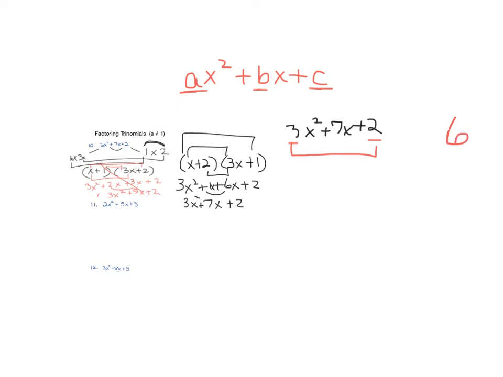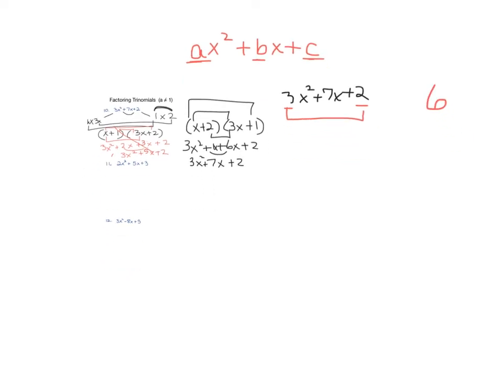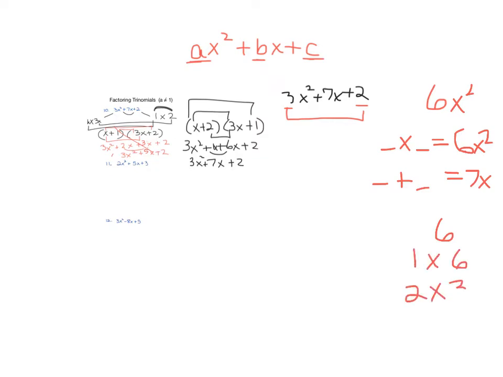I am looking for two numbers, just like I did before with the easy trinomials, two numbers that multiply to give me actually 6x squared, but also add to give me 7x. So I need to list the factors of 6. So it's 1 times 6 and 2 times 3.